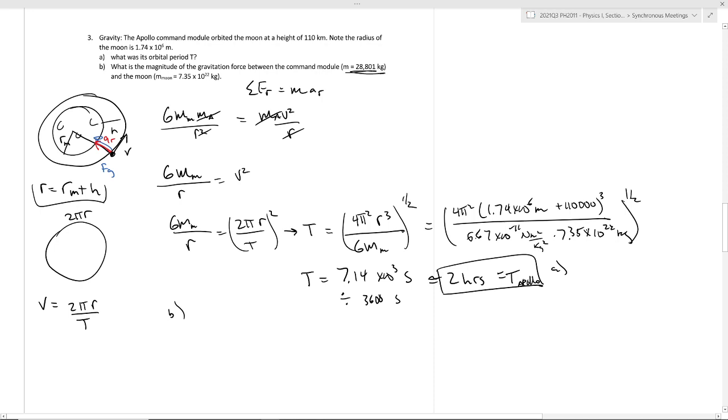So this is actually the magnitude of the force of gravity, which is given by G times the mass of the moon, mass of Apollo, over r squared, 6.67 times 10 to the minus 11 times, now we need the masses, again, over r squared, where our r is again the height plus the radius.